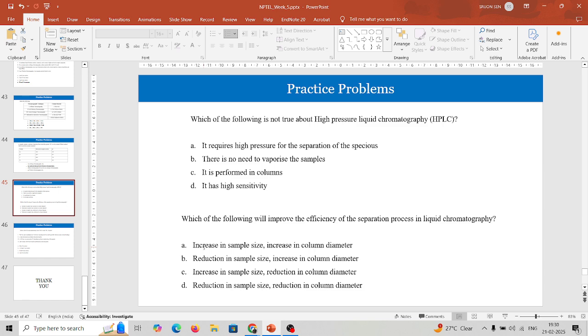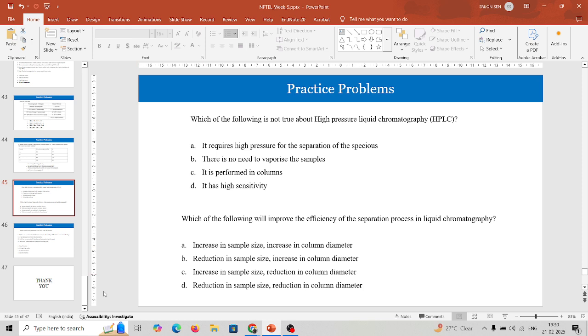It has high sensitivity. We have not talked about HPLC though, but there was a previous year question.